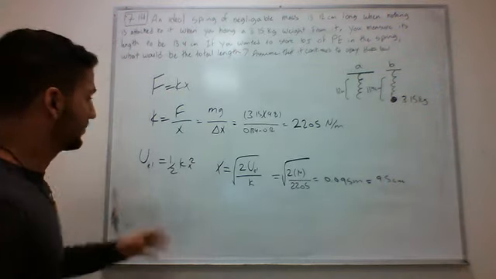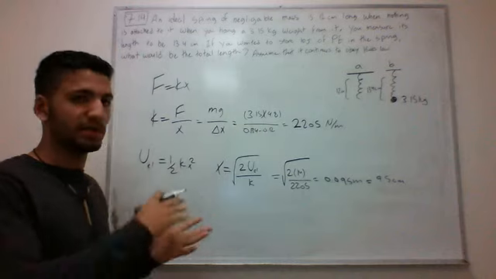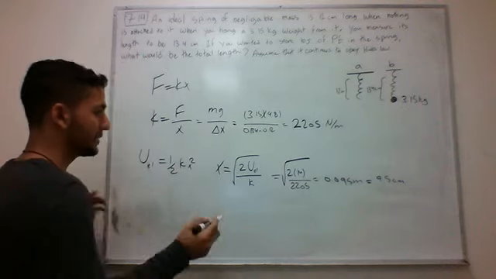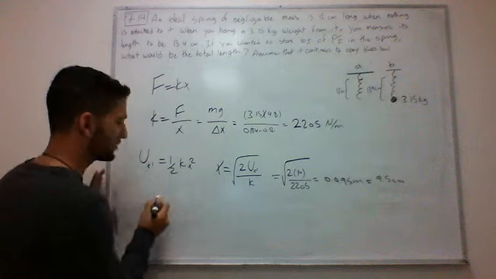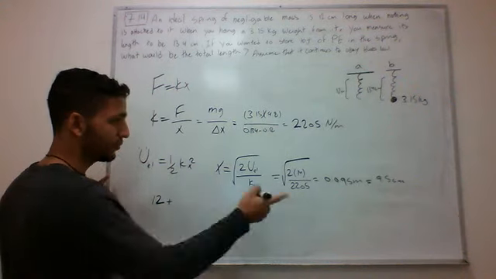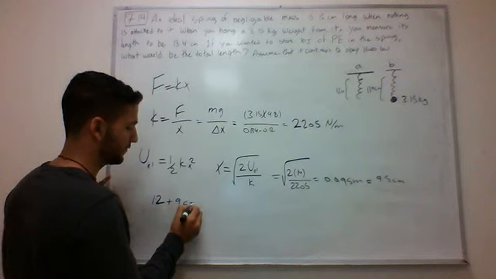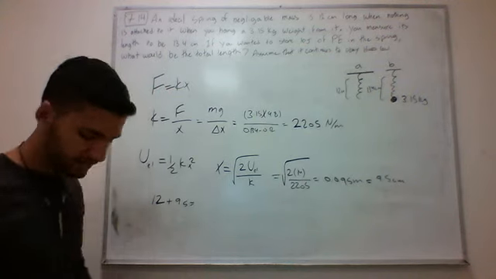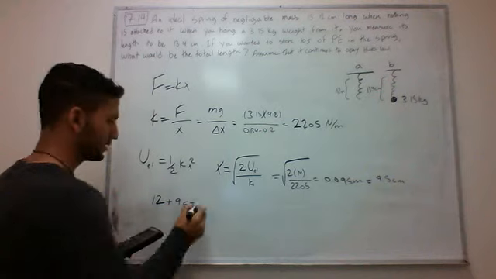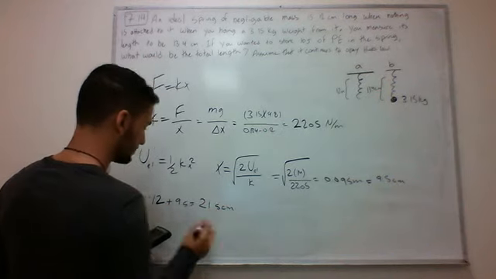Now in this situation we have two types of lengths, when it's stretched and when it's compressed. First of all we have the 12 centimeters. We add what we got, 9.5, so 12 plus 9.5 is going to be equal to 21.5 centimeters.